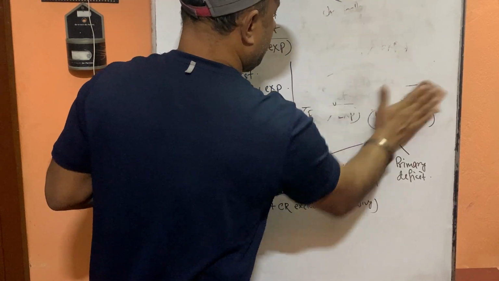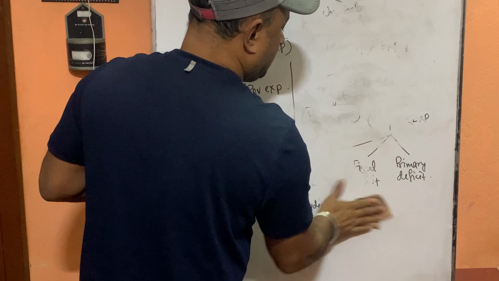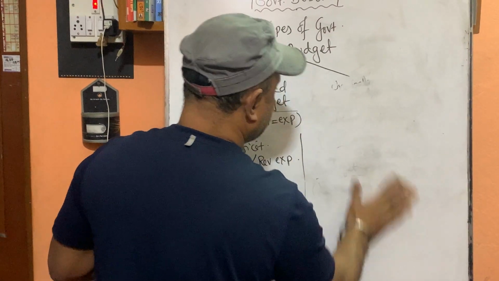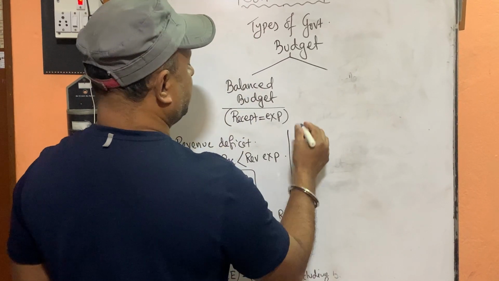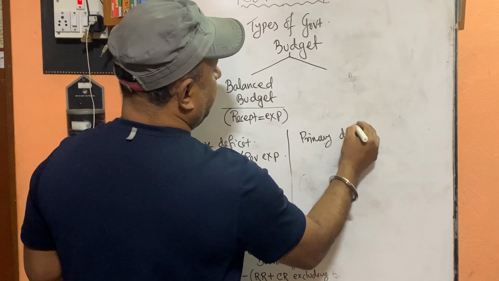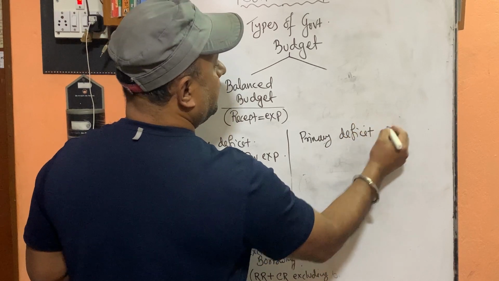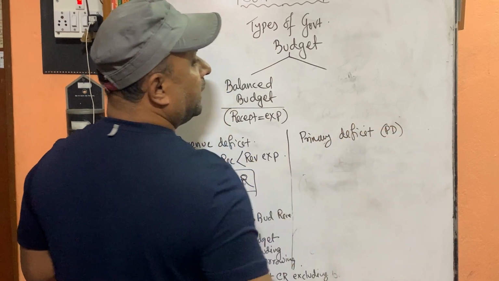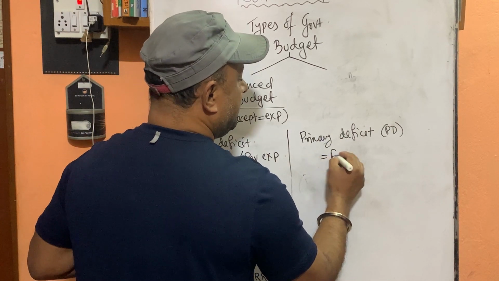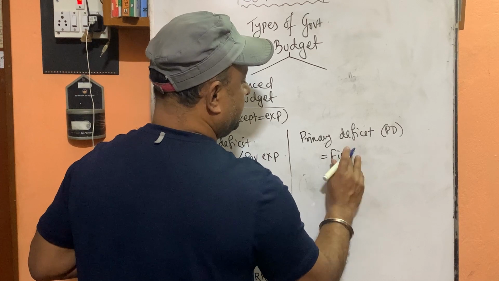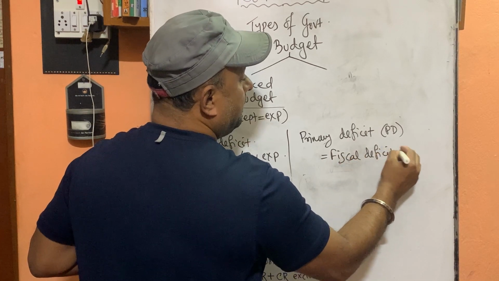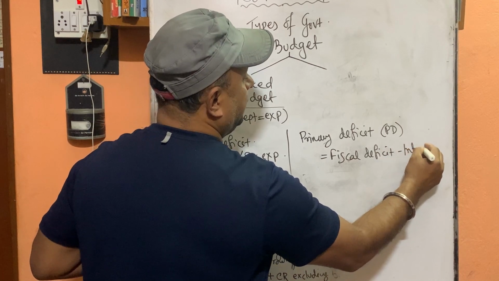The third one is primary deficit. Primary deficit means the actual deficit of the government, of the budget. Primary deficit is nothing but fiscal deficit minus interest payment.